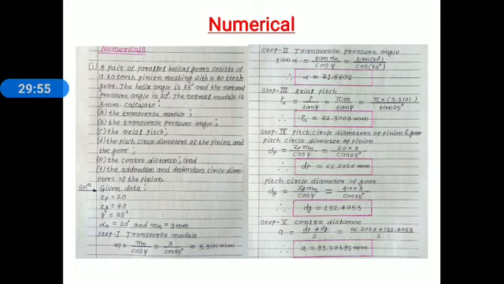Now the number 2, transverse pressure angle. Transverse pressure angle is denoted by letter alpha. Now how to obtain this transverse pressure angle? For obtaining the transverse pressure angle, we know the relation between three angles.